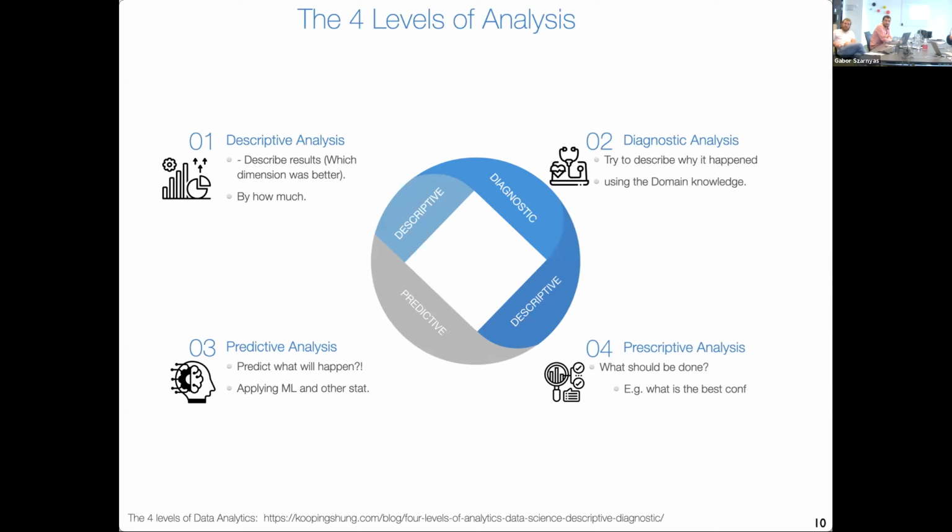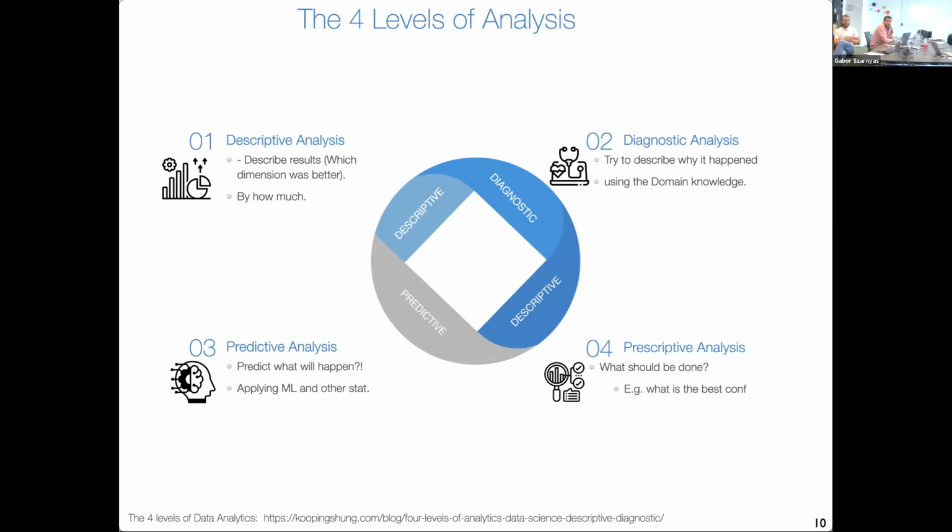If we project this to our case, we have the descriptive analysis, in which we can describe which dimension was better and by how much. This is followed by the diagnostic analysis, which tries to describe why it happened using domain knowledge, of course. For example, why VP is usually better than ST: because the number of joins in this schema is less than the number of joins in the other schema.